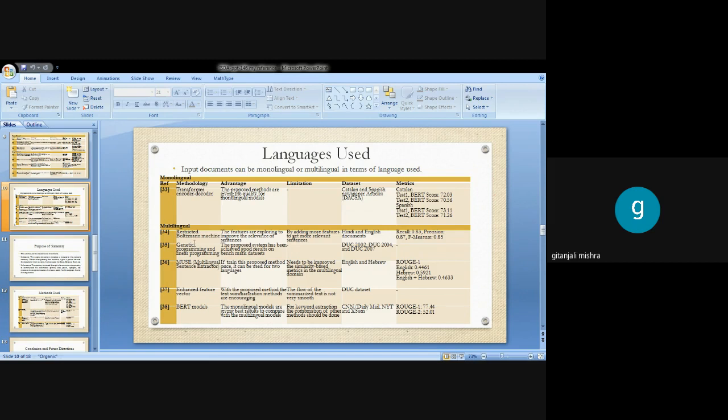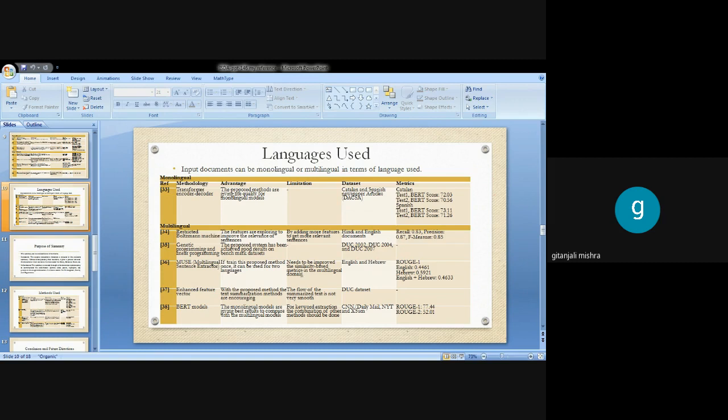For multilingual summary, first, genetic programming and linear programming methodology is used. By using this, we have seen that it gives a good result and good performance on the benchmark dataset. Here the datasets used are DUC 2002, 2004, and 2007.